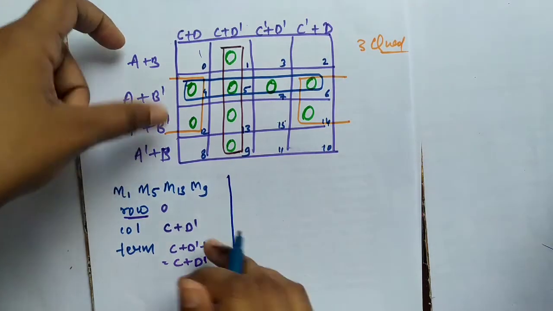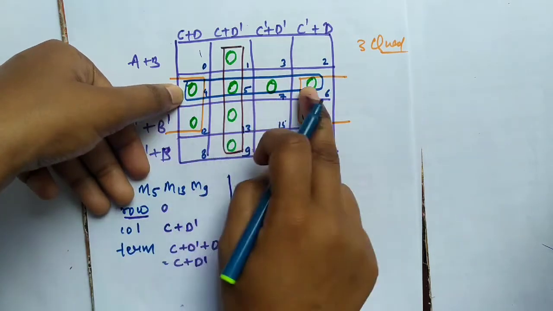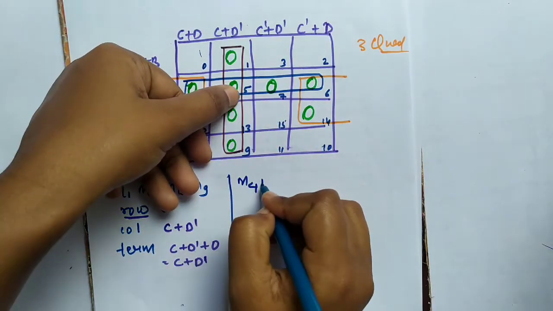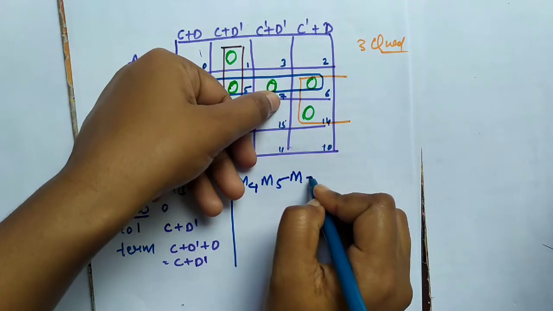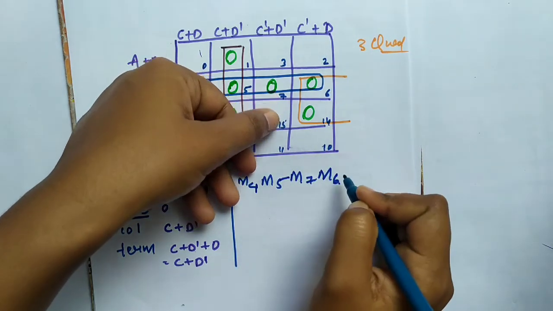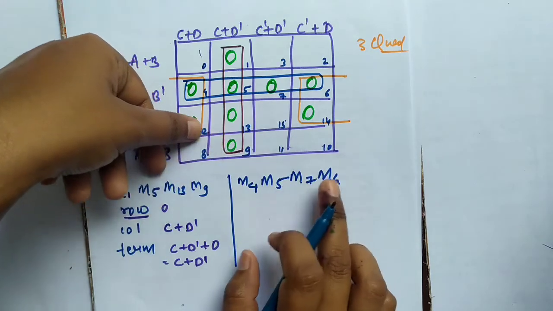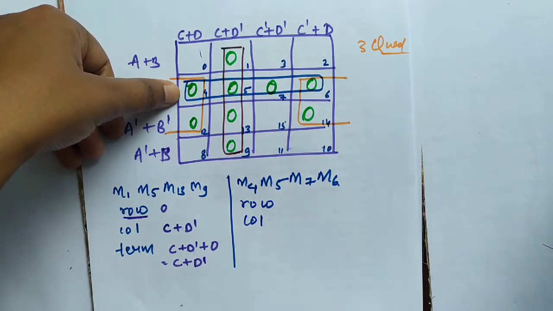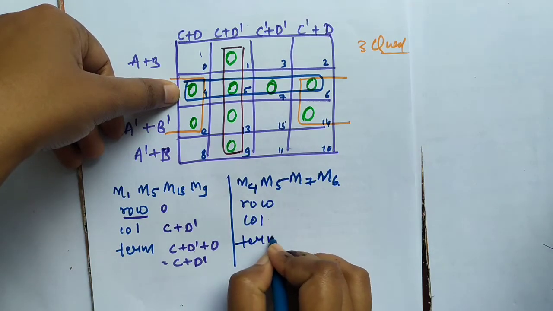Next one, we can take this one, that is M4, M5, M7, M6. You can also write M4, M5, M6 or M7. So row, column and term.